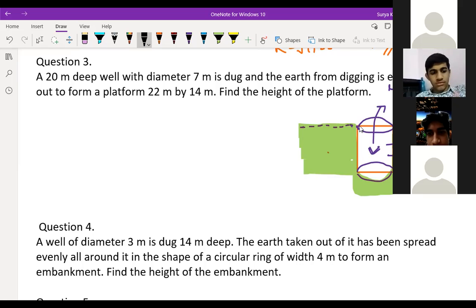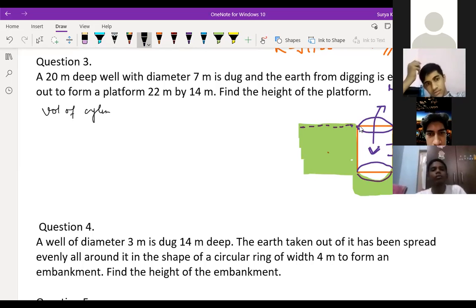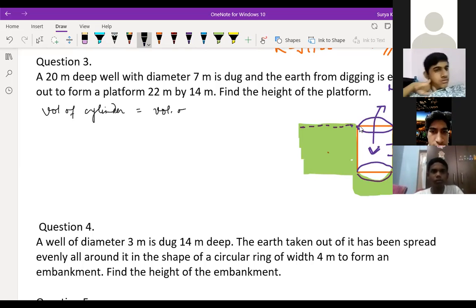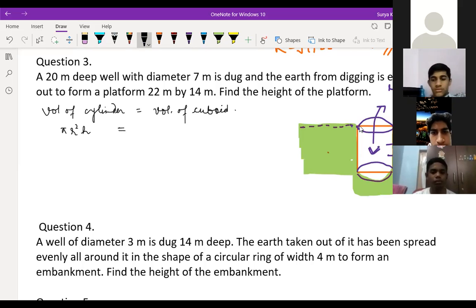So volume of cylinder is equal to volume of cuboid. Cylinder is pi r square h, and cuboid is lbh. So this is h1, this is h2. These both are different.